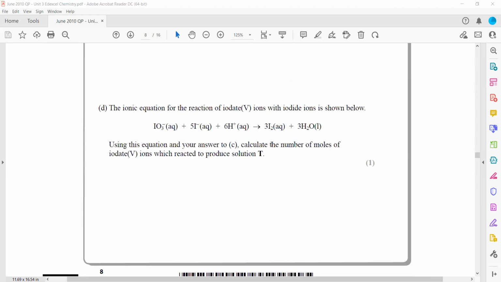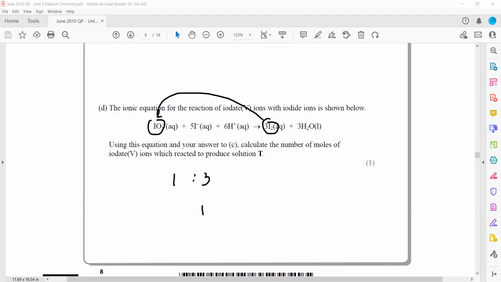Then the ionic equation for iodate is shown. Use the equation and your answer to calculate the number of moles of iodate which reacted to produce solution T. So now we have the moles of iodine and we need the moles of iodate. The ratio between them is 1:3. So the number of moles of iodine was 1.35 into 10 to the power minus 4, and that will be divided by 3.